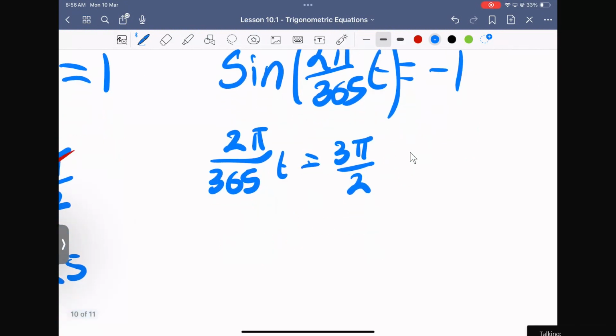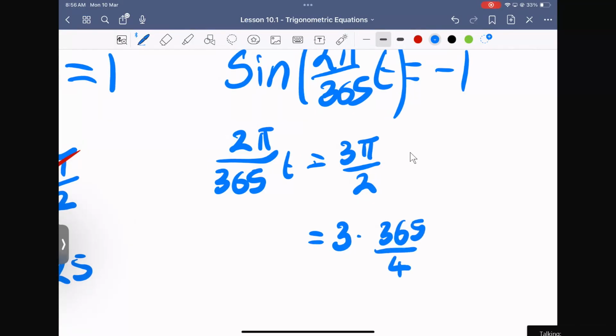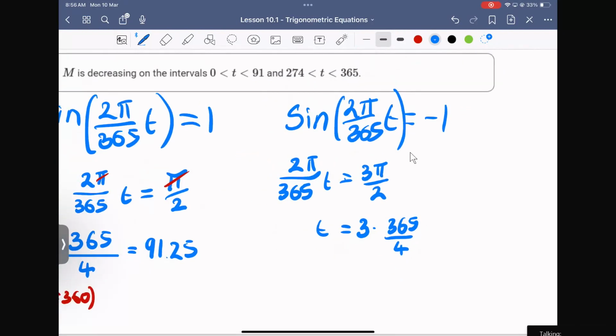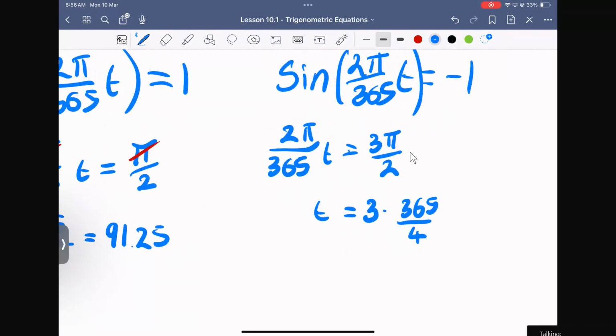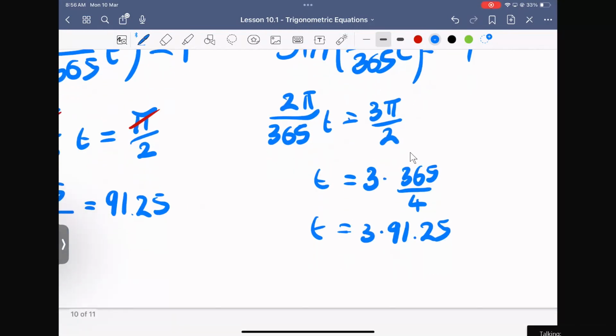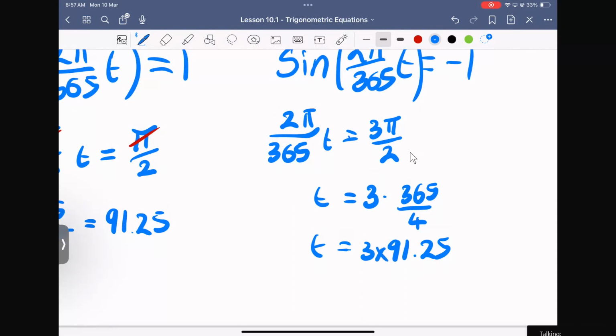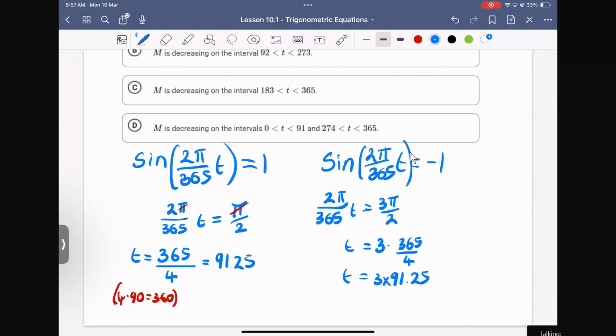Moving around and cancelling this time is going to give us 3 times 365 over 4. So basically it's 3 times that previous answer. That means t is equal to 3 times 91.25. That's going to give us something around about the 274, isn't it?